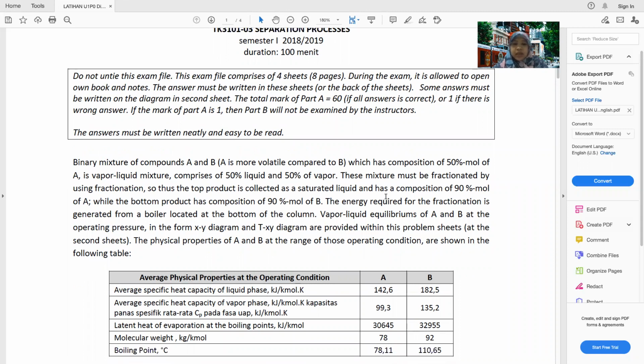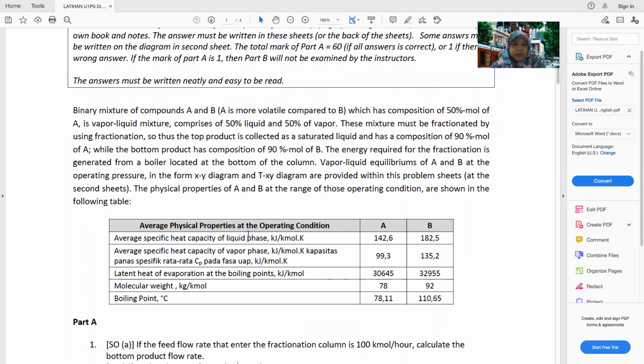You can check the vapor phase or liquid phase, and then take a look at the phase. There are also some properties. We need these properties later on for the heat balance.